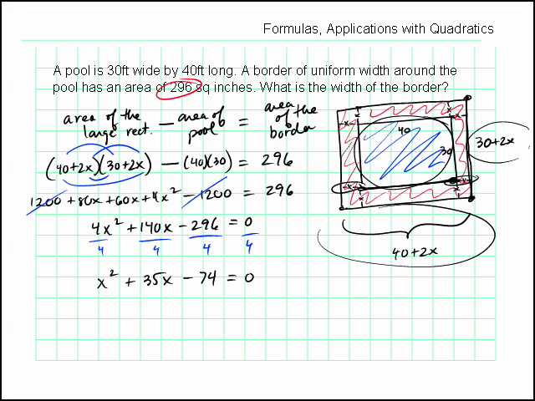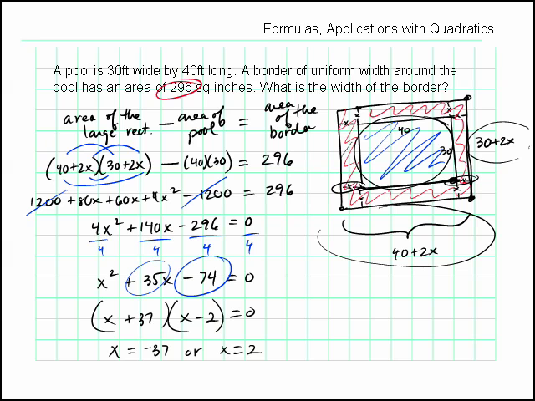Now let's see if that factors. If it doesn't, I'd have to use the quadratic formula again, but I do think it factors. It turns out that the two numbers that multiply to negative 74 but add up to 35 are going to be positive 37 and negative 2. So it does factor. And so this gives us x equals negative 37 or x equals 2.